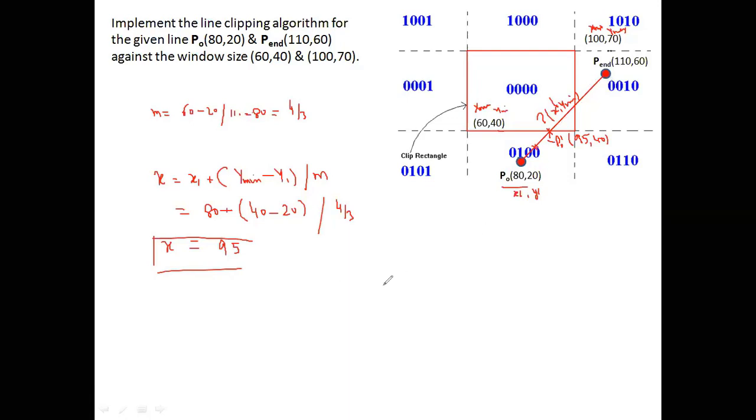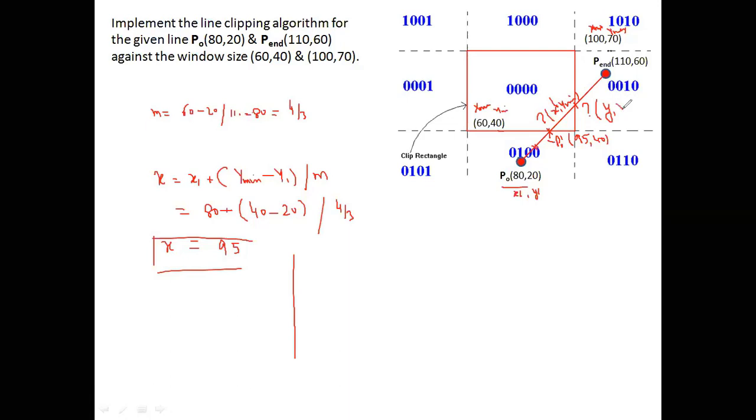Now after this, most of you have made a mistake over here. When you are calculating this intersection point, what you have to find out is y, because y is varying across this edge. And what will be the value of x in this case?